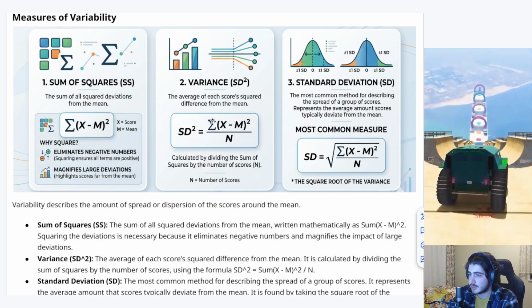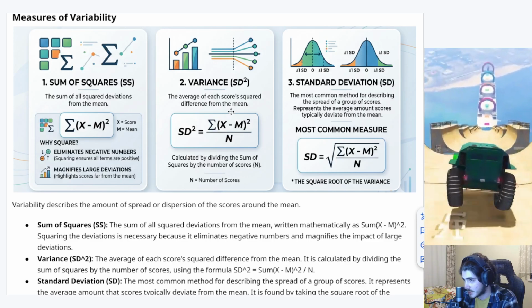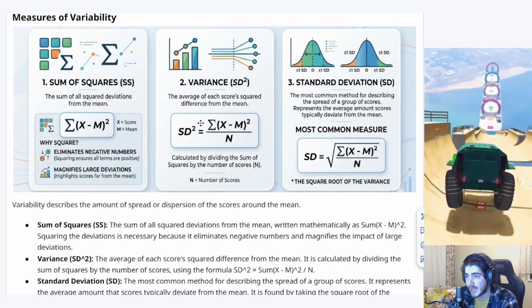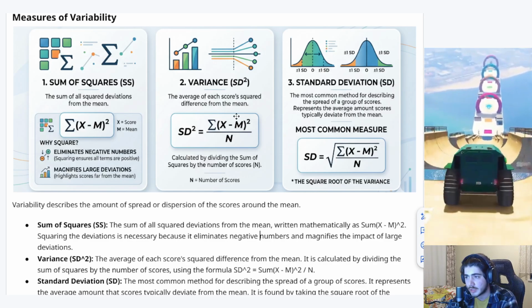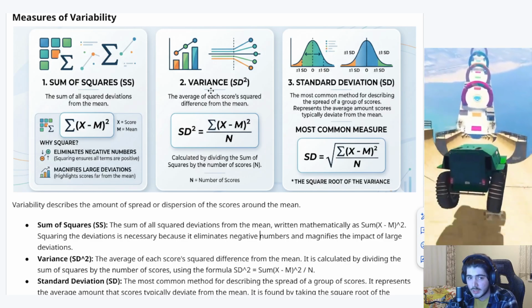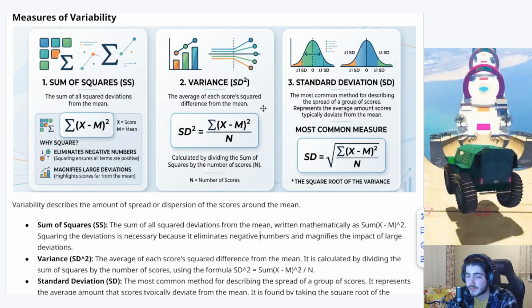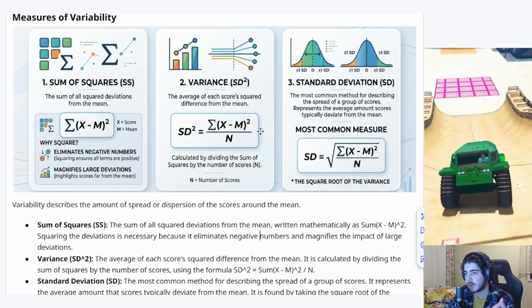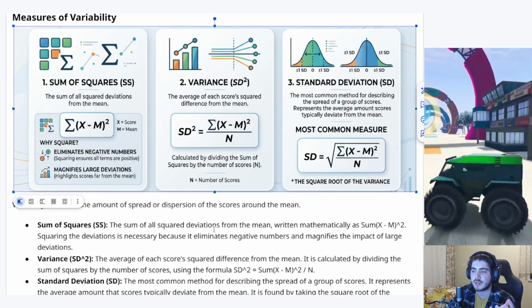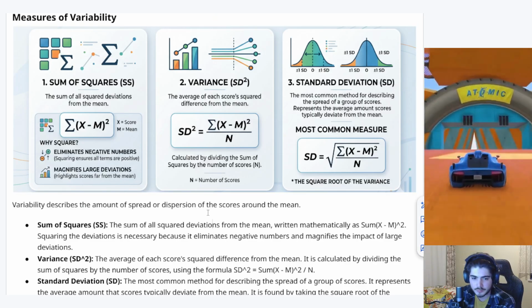So, going from this, we take the sum of squares, we apply the same formula to all of the data in our data set, and then we sum it all up. And then once we have that massive number, we divide it by the number of scores that we had.